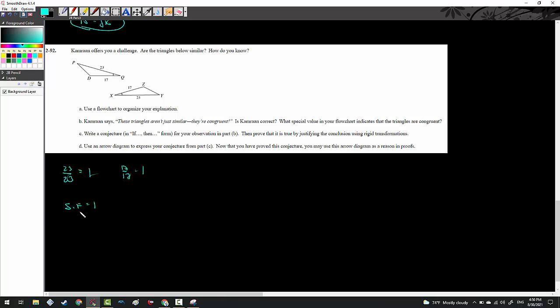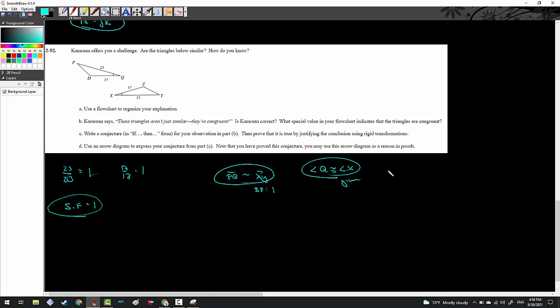So let's use that as our justification for the flowchart. I can say that side PQ is similar to side XY, and that's because our scale factor is 1. Angle Q is congruent to angle X, and that's given.